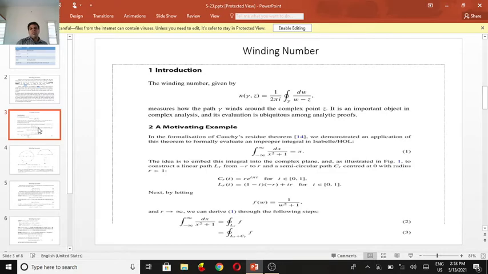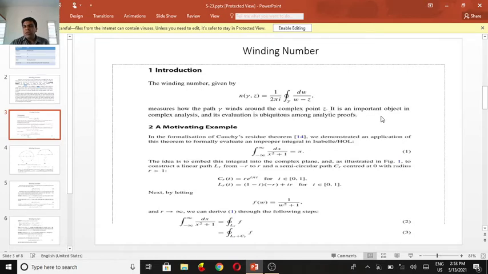Now, the definition, introduction and formula of the winding number. The winding number is given by n(gamma, z) equal to 1 over 2 pi i times the integral over the closed path gamma of dw by w minus z. This measures how the path gamma winds around the complex point z.